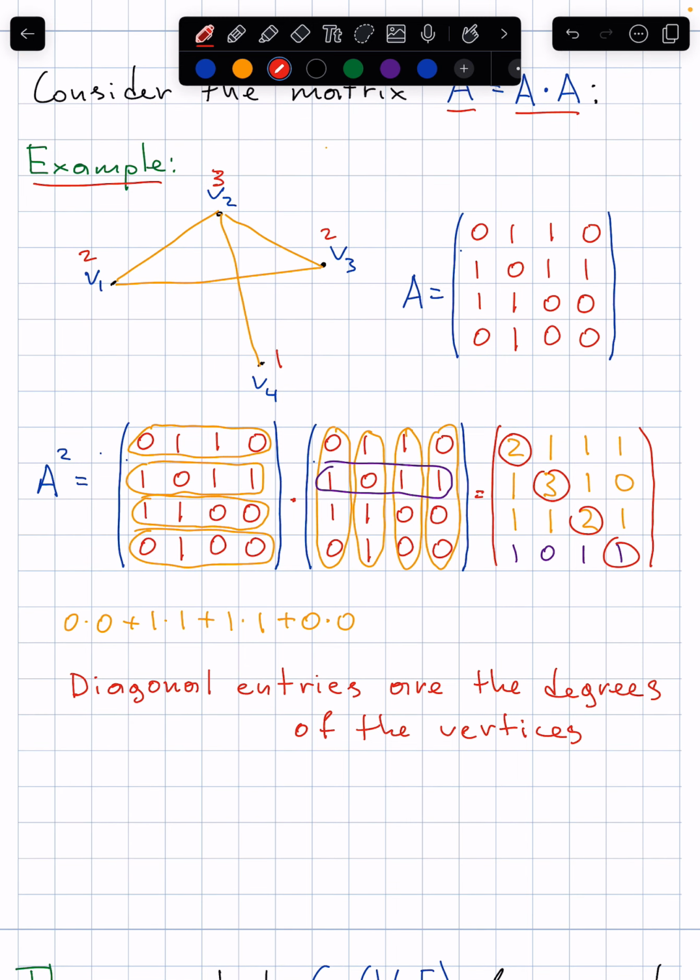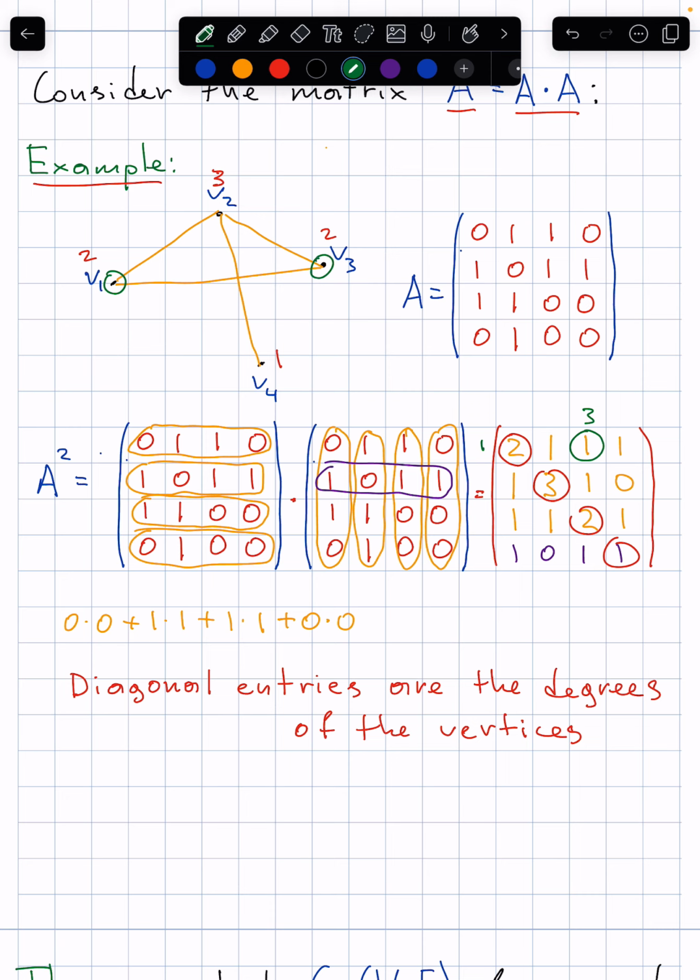And it turns out that non-diagonal entries, let's take, say, this entry in green. What is this? This is in the first row and third column, so we have the first vertex and the third.